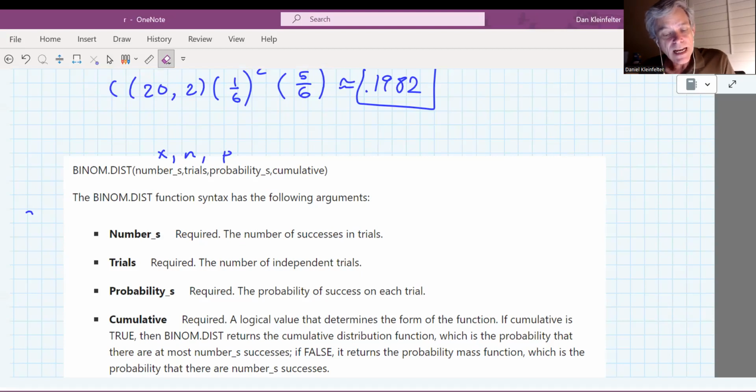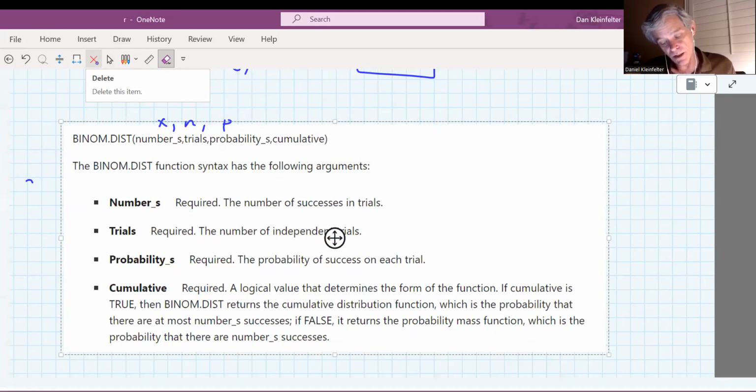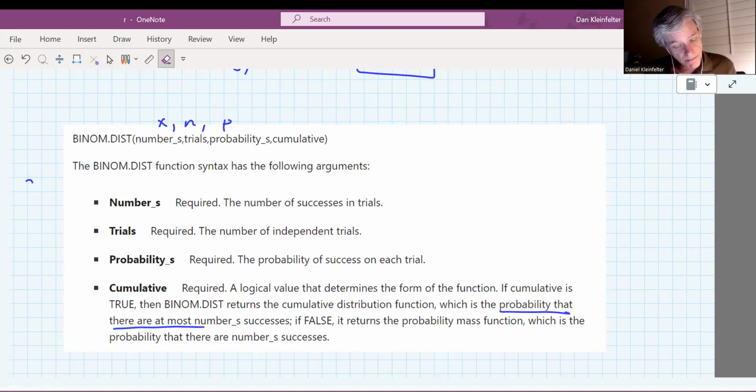And then the third item is the probability, which is going to be 1/6 in our case for the die one we just finished. And then something new in here is cumulative, and that is either true or false. That's when they say it's a logical value. It means that it's binary, true or false. And this says, is it cumulative? What that says is if it's true, then this function will return the cumulative distribution function, which is the probability that there are at most that many successes.